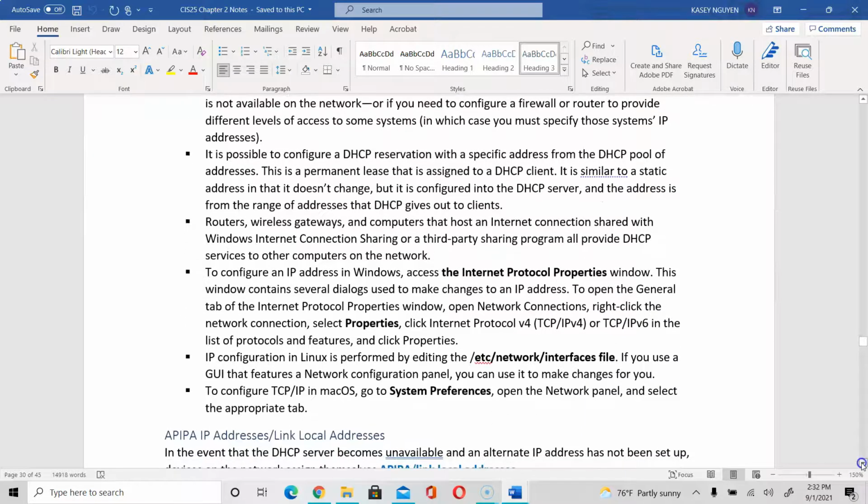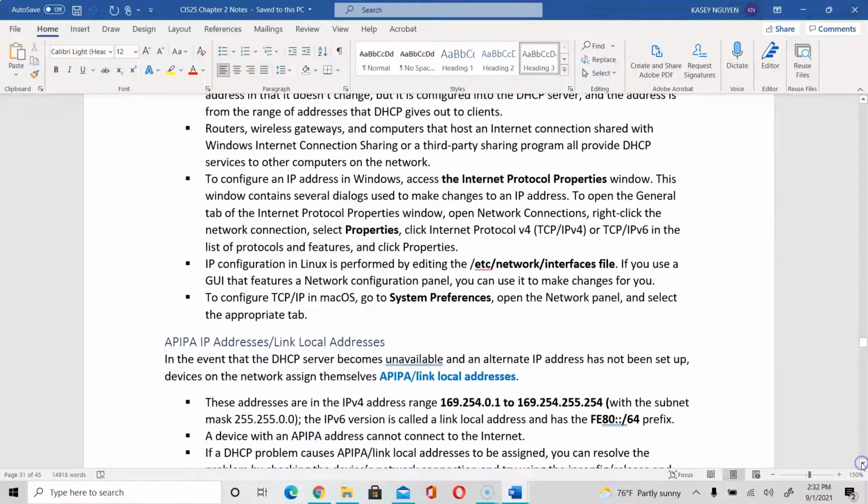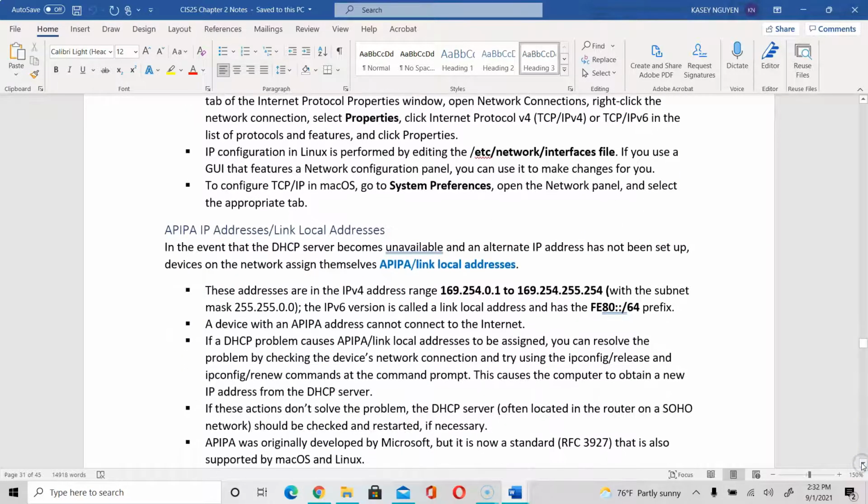Here it talks a little bit more about IP addresses and how that's used. APIPA manages the addresses, especially when you're looking at different versions of the addresses. IANA actually is the entity that provides that. APIPA IP addresses are by default.